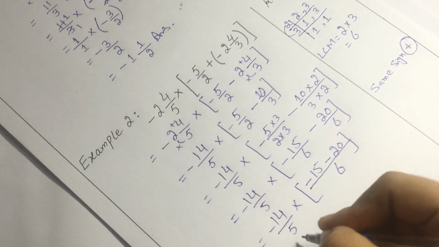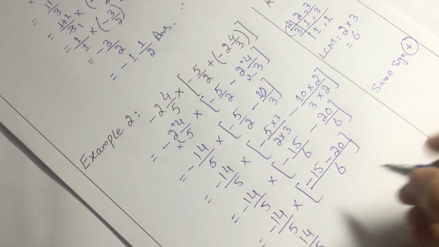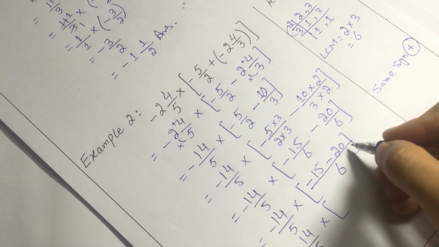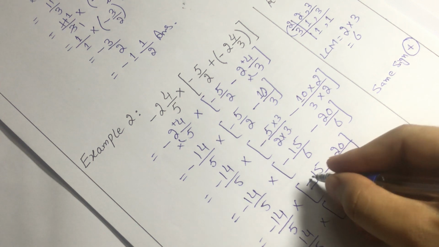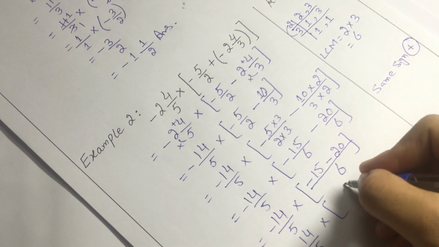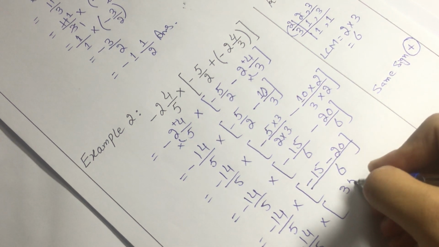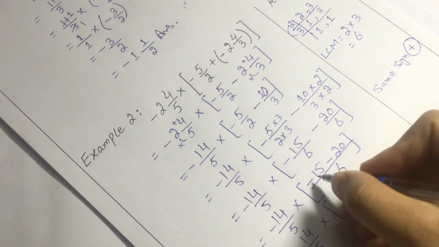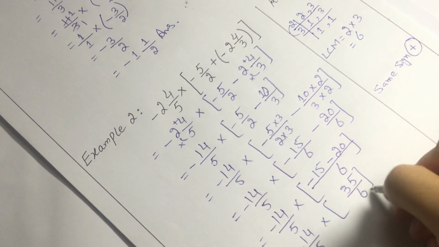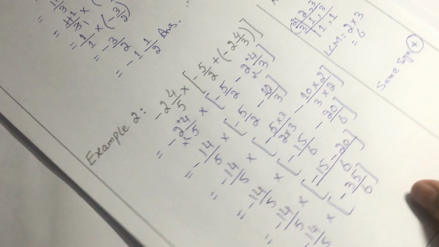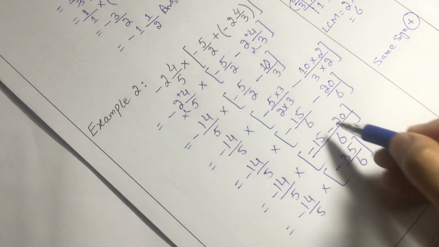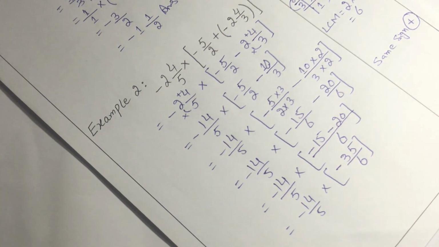So negative 14 over 5 as it is, multiply negative 15 plus 20. Yes, it's 35 over 6. And don't forget to keep the sign of the greater number. Always put the sign of the greater number, right?